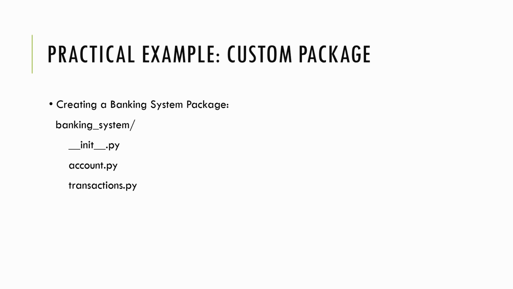Let's take a practical example, creating a banking system package. Imagine a directory called banking system containing two modules, account.py and transactions.py. The account.py module defines an account class, while the transactions.py module contains functions to deposit and withdraw money from an account.